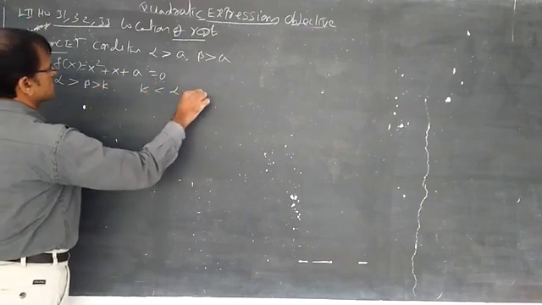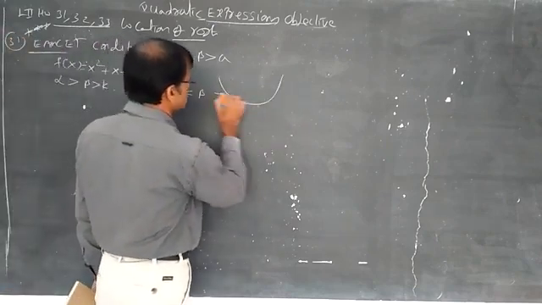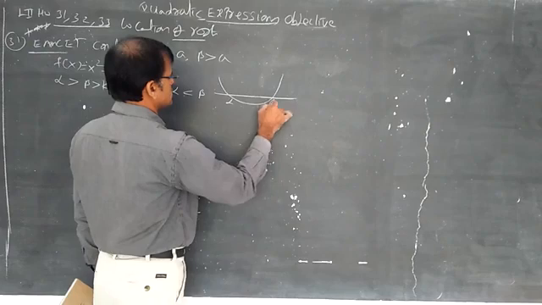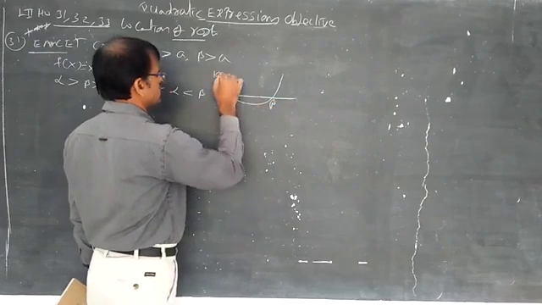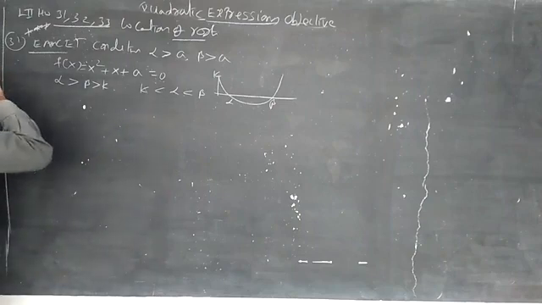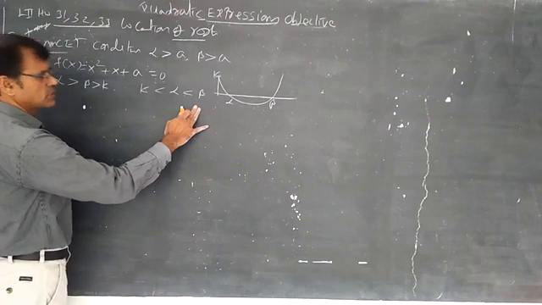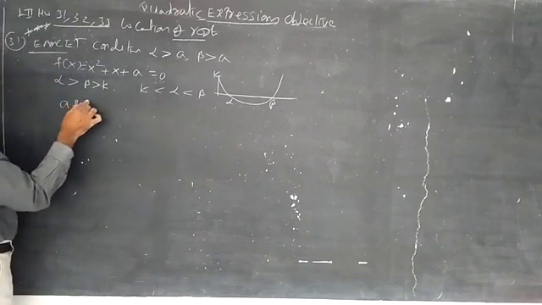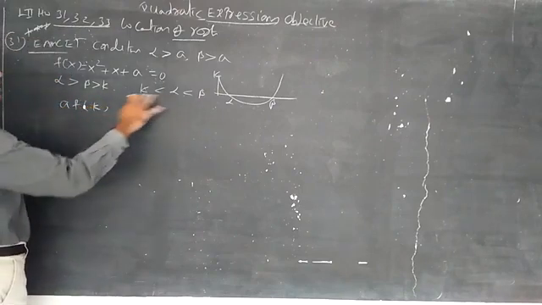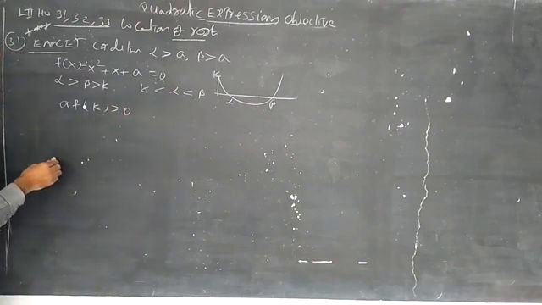So k is lesser than both roots. This is alpha, this is beta, this is k. So k minus alpha is less than 0 and k minus beta is less than 0. K minus alpha into k minus beta is greater than 0 because minus into minus becomes plus, so a into f of a greater than 0.